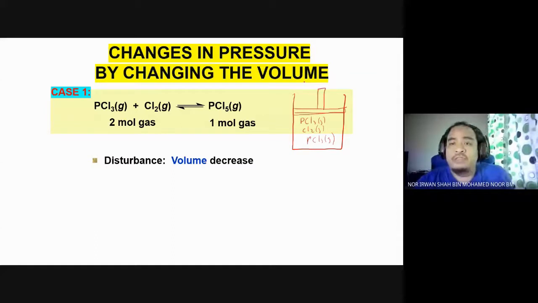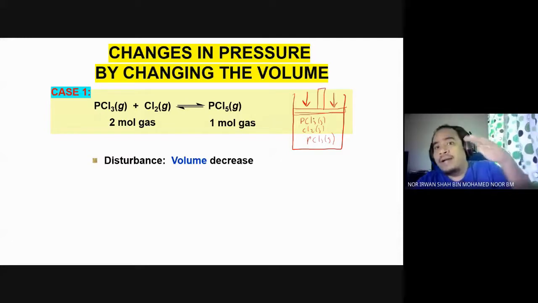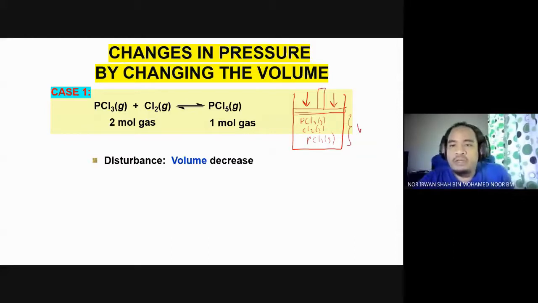And then we push the piston down, we compress the gases. If we compress the gas, the volume shall be decreased. So what happens to the system? That is what we are going to look at. What will happen to this equilibrium system when the volume is decreased?